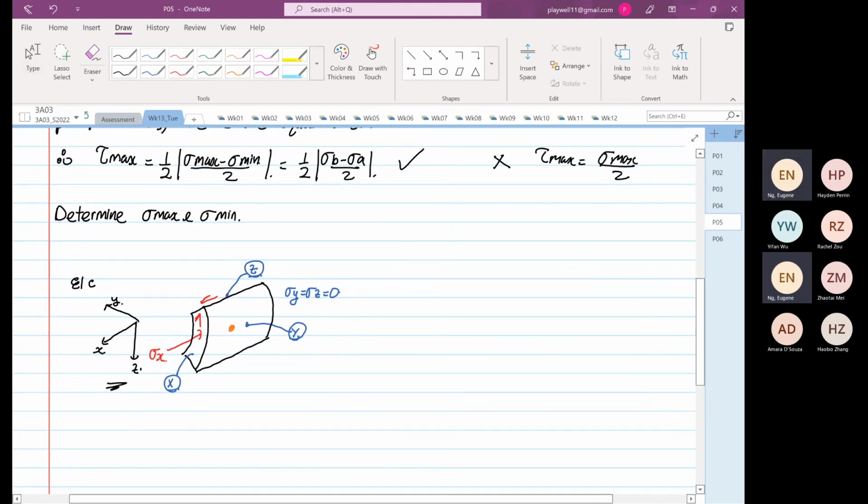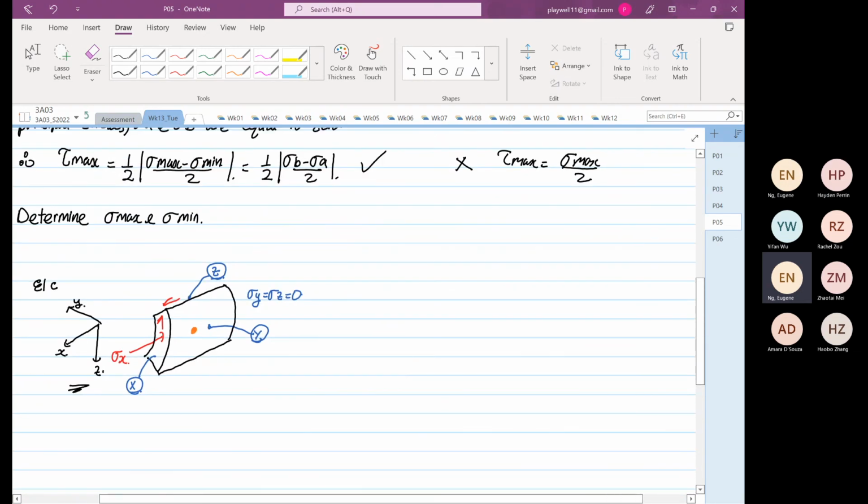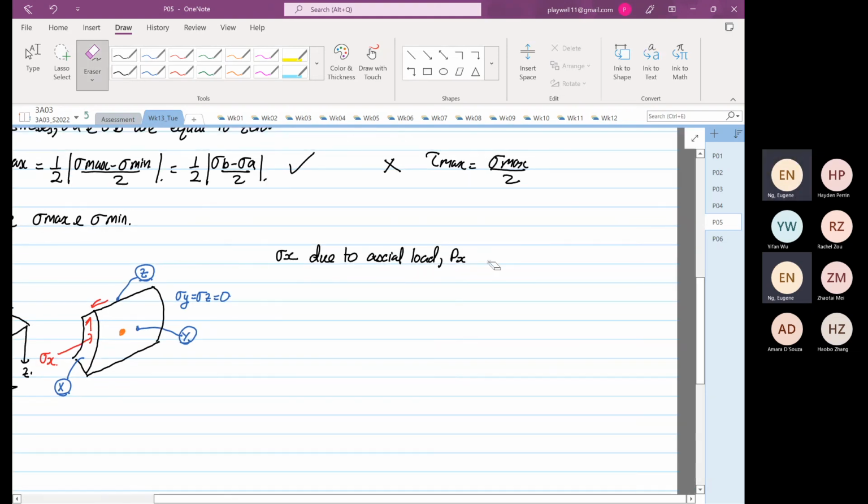Stress X due to axial load, which is our Px, is equal to Px.